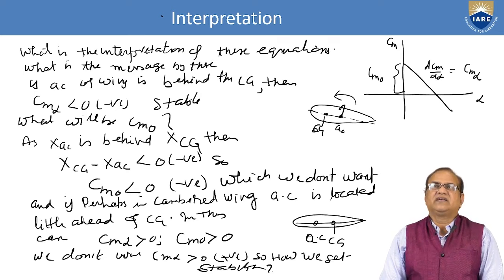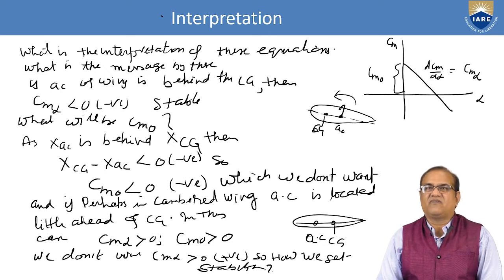What is the interpretation of this equation and what is the message from this? If the AC of the wing is behind the CG, then CM alpha is negative.